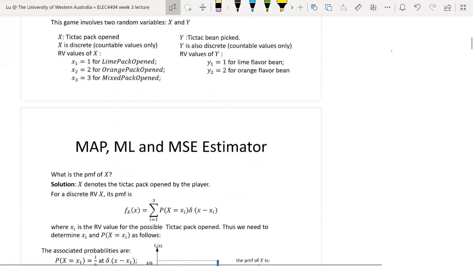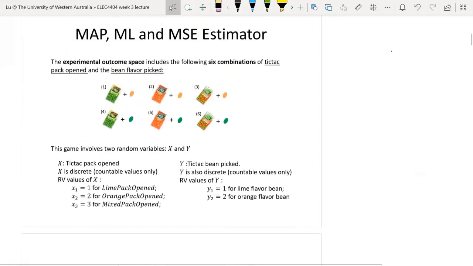All right. By the way, before moving on, because there are so many things like the lemon flavor or orange flavor or the mixed box or different beans, I'd like to use the values of the random variable to denote these different things. So at the bottom of this slide, regarding the tic-tac boxes, I gave them 3 values.